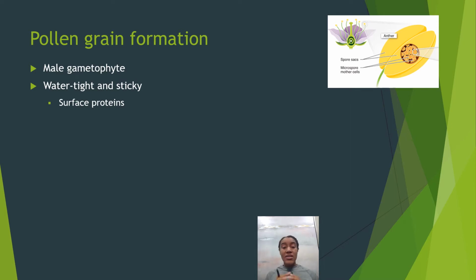The pollen grain is watertight and it's sticky, so it's very good at being protected from a lot of different elements, and that sticky nature helps it to stick to the stigma. So the stigma is sticky, but the pollen grain is also sticky, and part of the stickiness involves surface proteins that will bind to elements on the stigma and help it to stick.